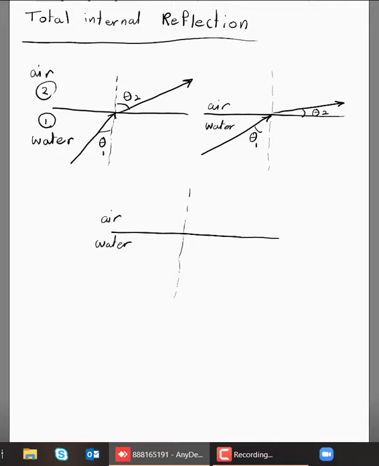What happens if this beam enters the air in a way that the refraction is exactly parallel to the edge of the medium? So here theta 2 is then 90 degrees, right?